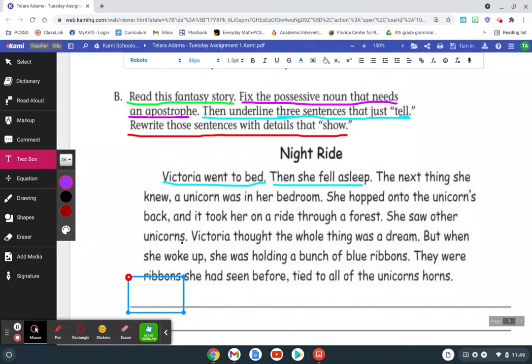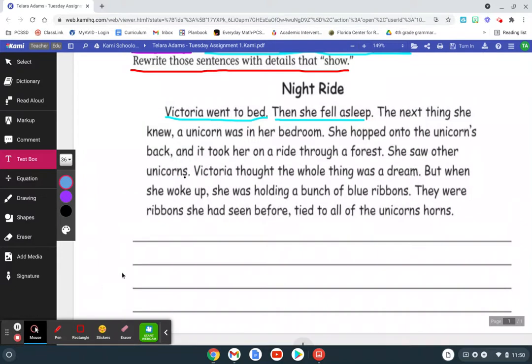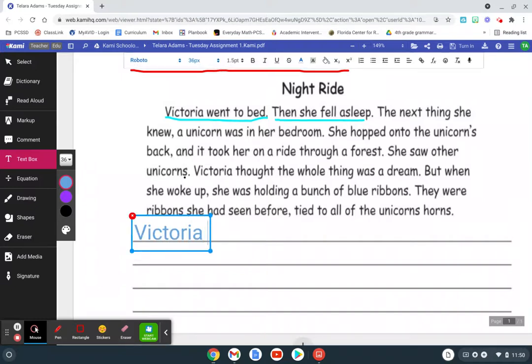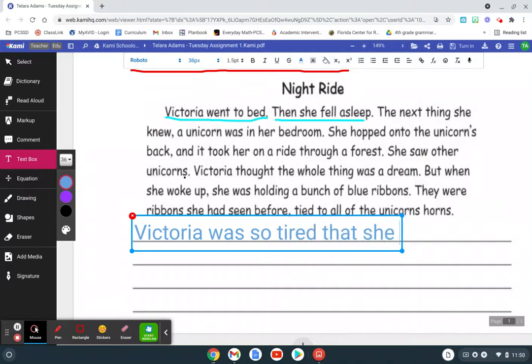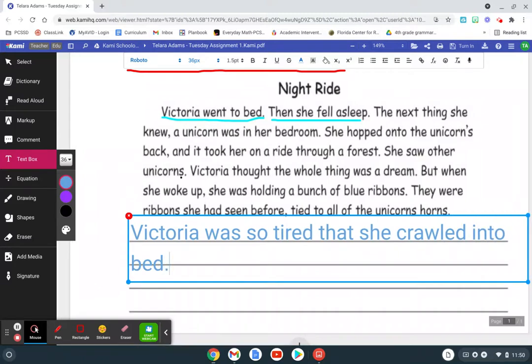Let's make it a little more juicy, a little more interesting. Victoria was so tired that she crawled into bed.